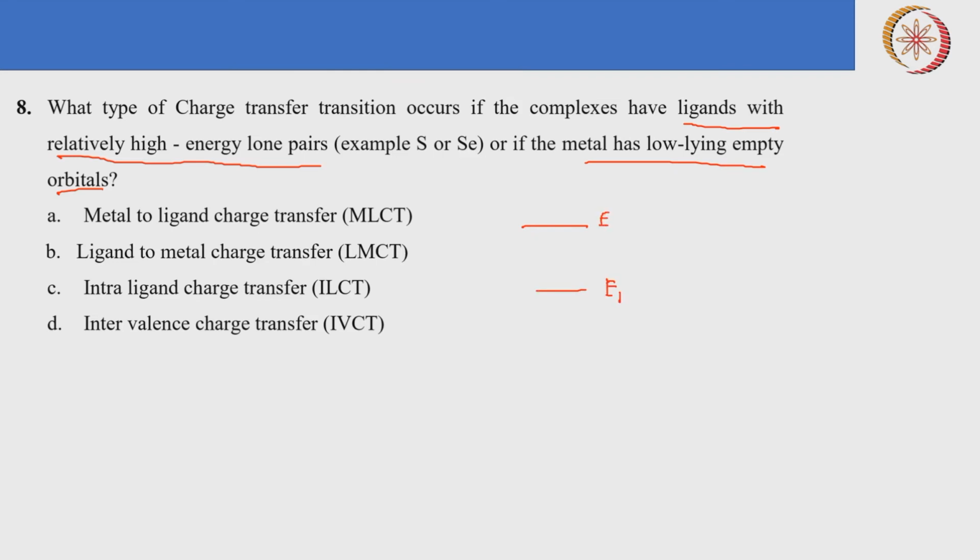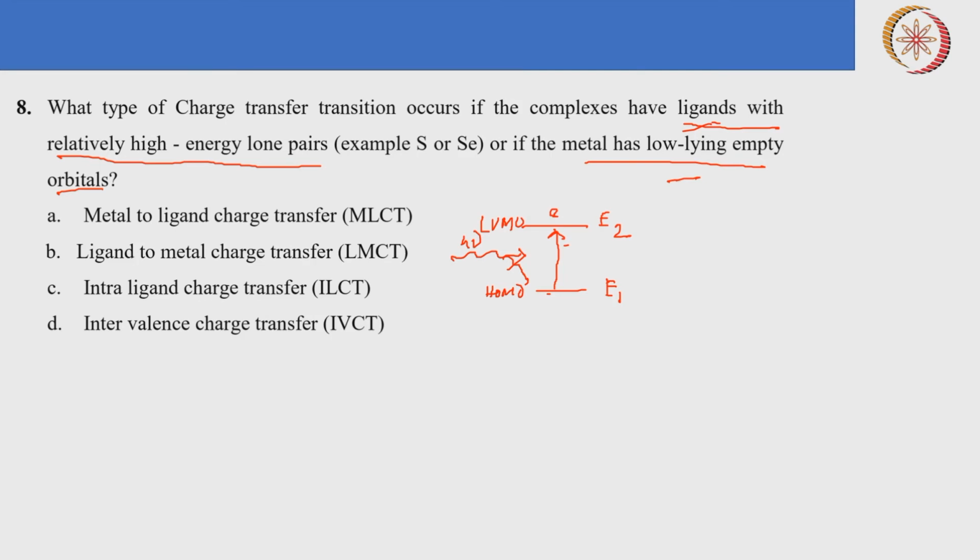Whatever we have discussed earlier, suppose you have E1 as the ground state energy and this is E2. Here your electron is there, that means this is your HOMO and this is your LUMO. Suppose you have some energy, then the absorbing electron will go to the upper energy level, so that you will observe the absorbance spectra.